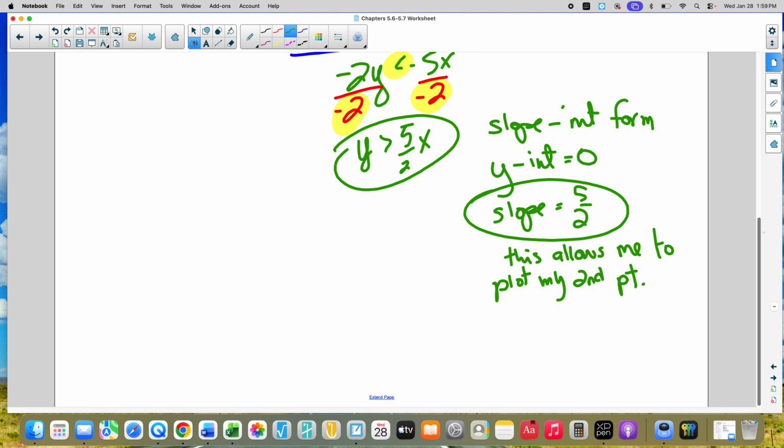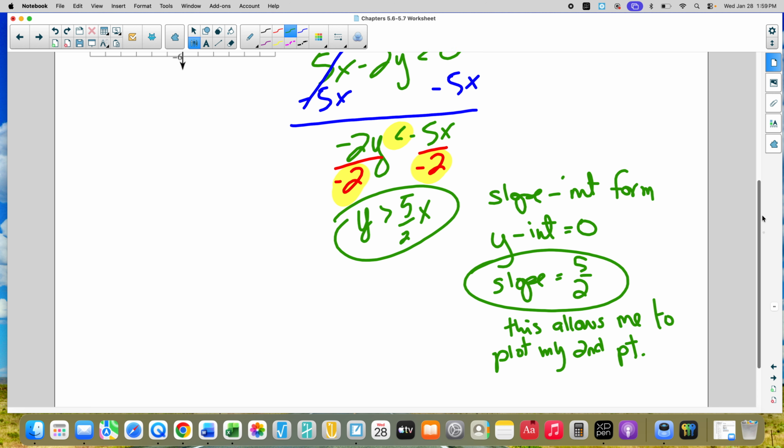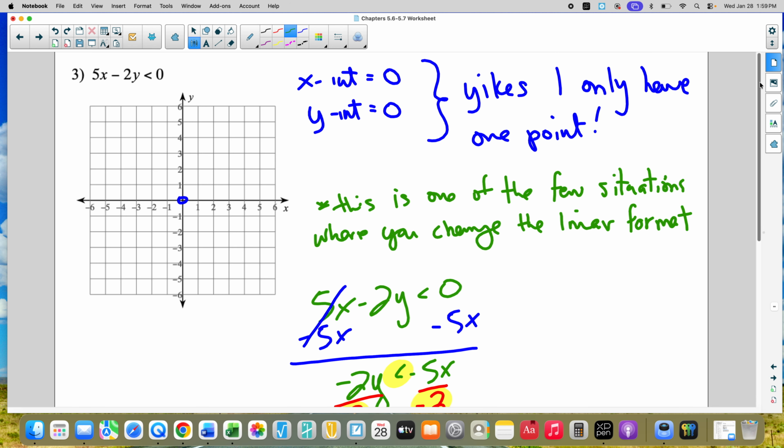That's the only reason I did that. My slope is 5 over 2. That means I'm going to go up 5, right 2. So from my intercepts, that's why I have this point right here. I'm going to go up 5 and right 2. And then I'm going to do a dotted line.